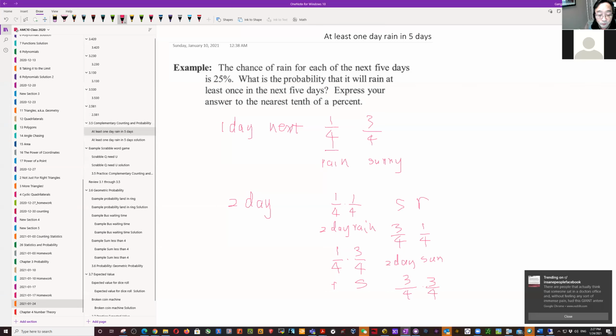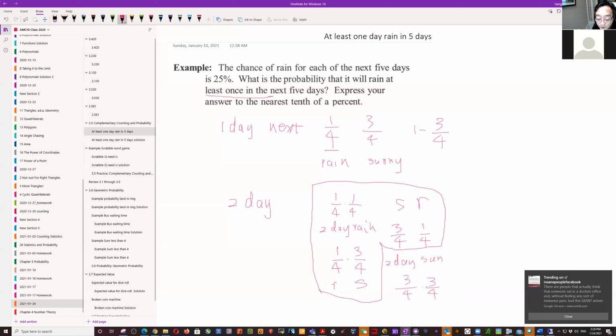So to count the chance it will rain at least 1 day, you can also do 1 minus 2/4, 3/4. And at least 1 day rain actually includes all those 3 cases.